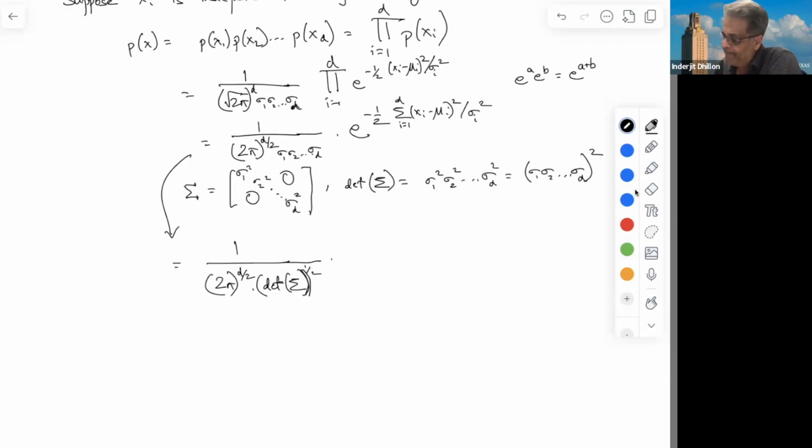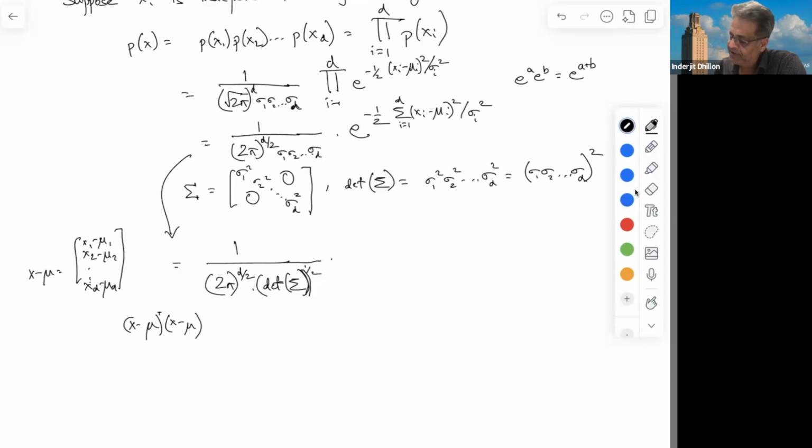Suppose I have x minus mu transpose times x minus mu. Remember now, x minus mu is a vector, and that is x1 minus mu1, x2 minus mu2, to xd minus mud.